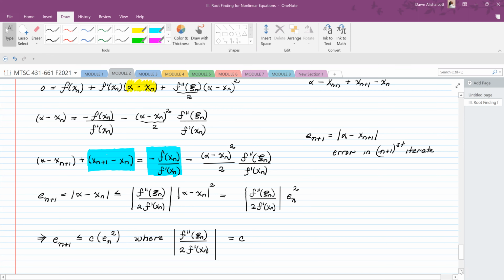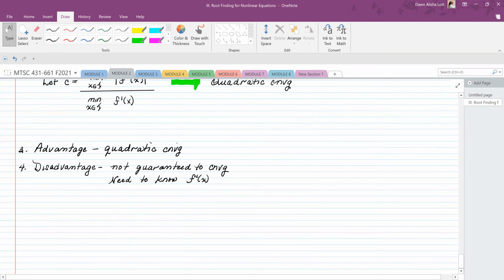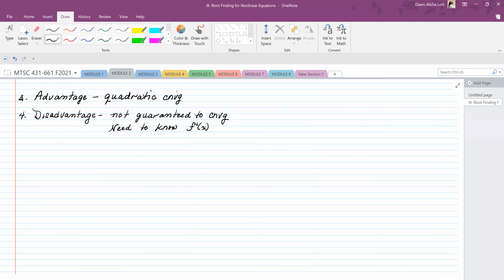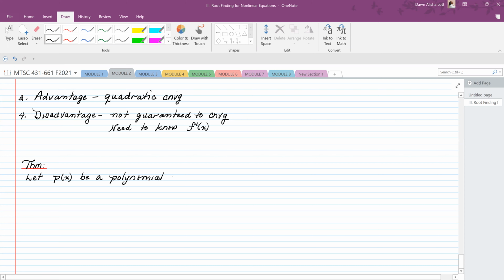Okay. So we have a theorem. All right. So the theorem is: let P of X be a polynomial of degree n greater than or equal to 2 with real coefficients.